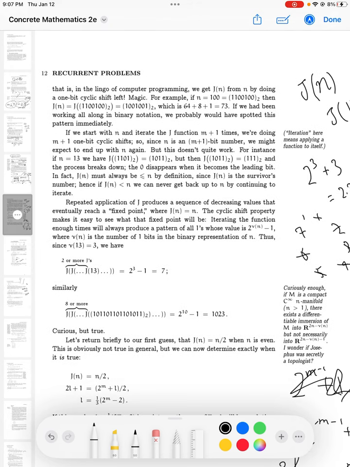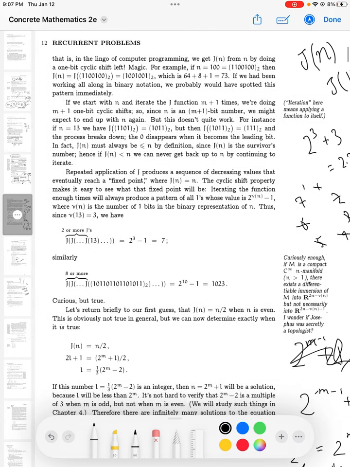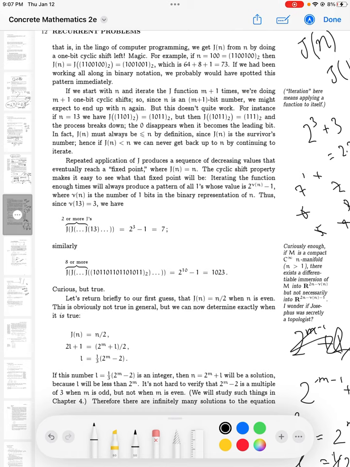I mean, not just good, but amazing patterns. If we represent n by its binary representation, that number of ones becomes the power of 2, and then you subtract 1, and that's the result of the function.